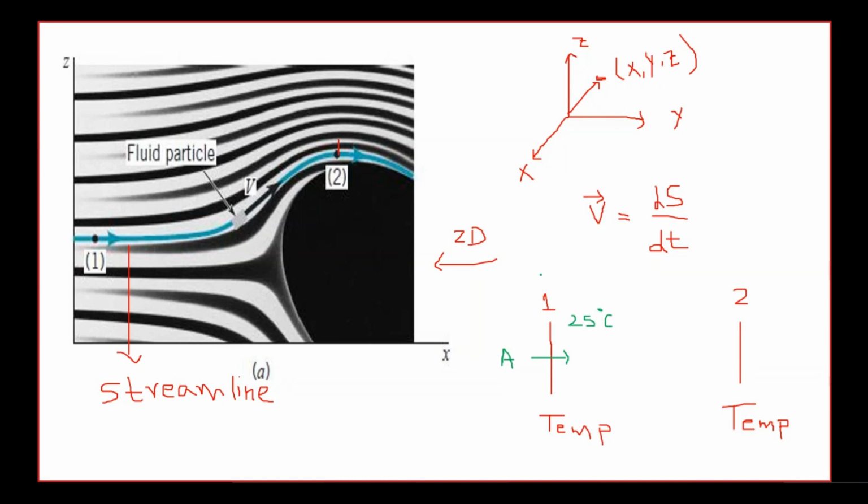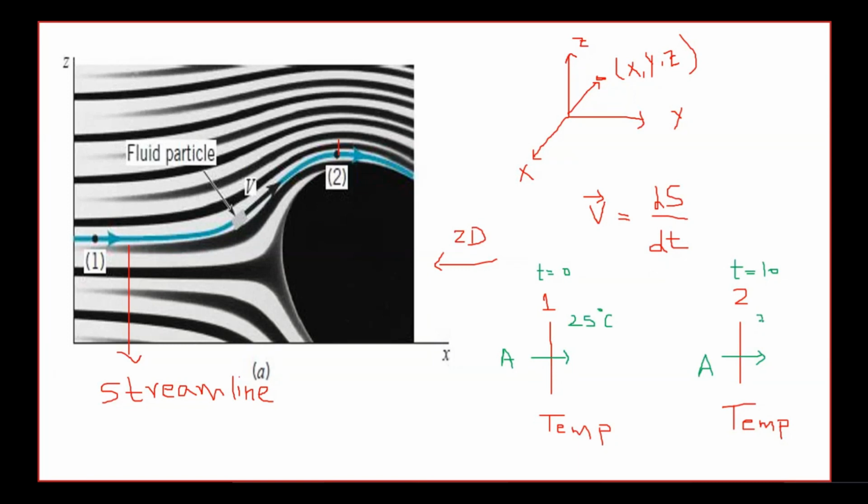Let's say this reading is taken at time equals 0. At situation 2, the person passes point 2 after 10 seconds, which is time equals 10 seconds. Person A passes from here and the sensor again measures the temperature.